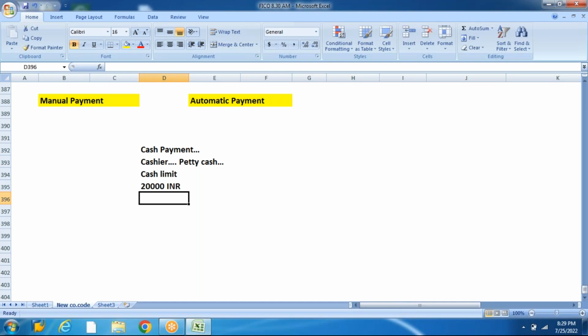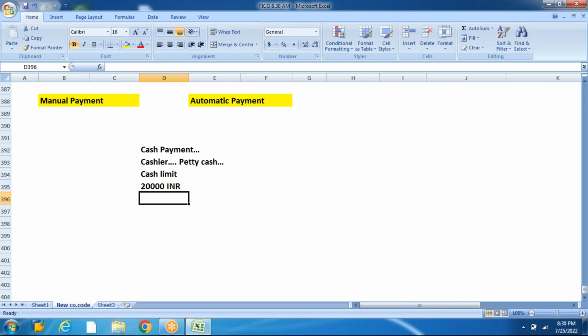So he can do a maximum transaction of 20,000. If there is a transaction for 22,000, can he initiate that cash payment? No, sir. He cannot initiate that transaction because it is beyond his limit. Because the maximum cash that he can maintain with him is only 20,000.